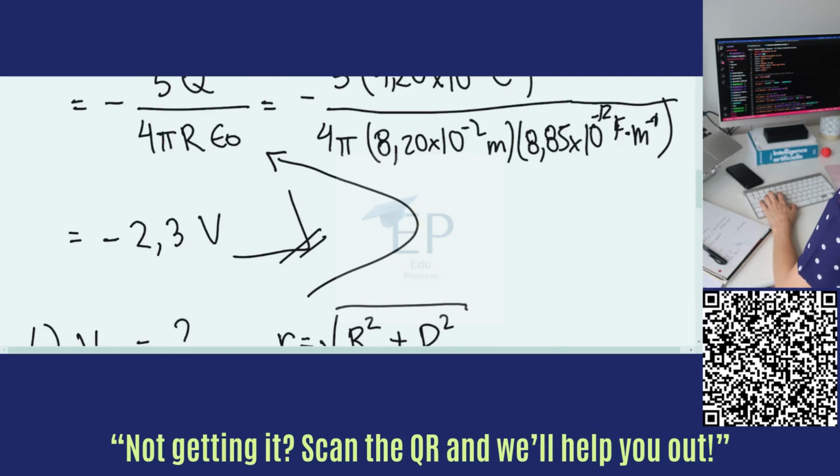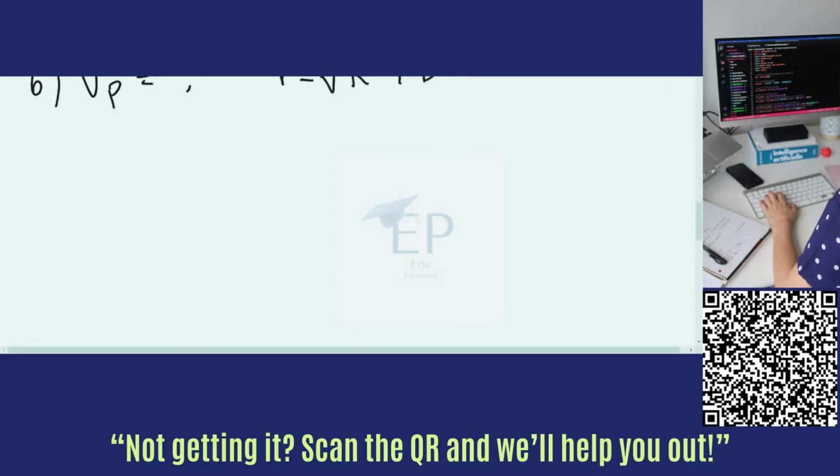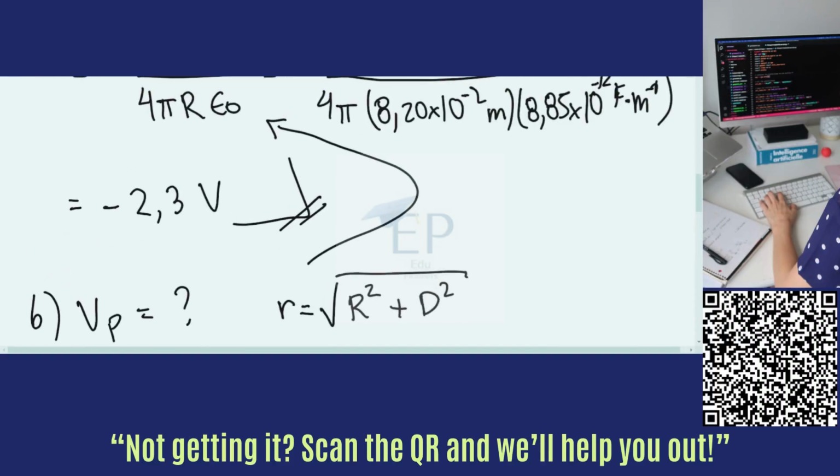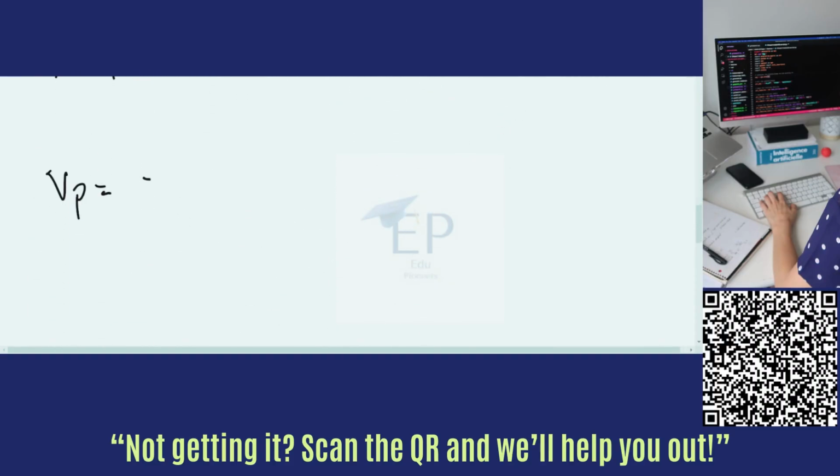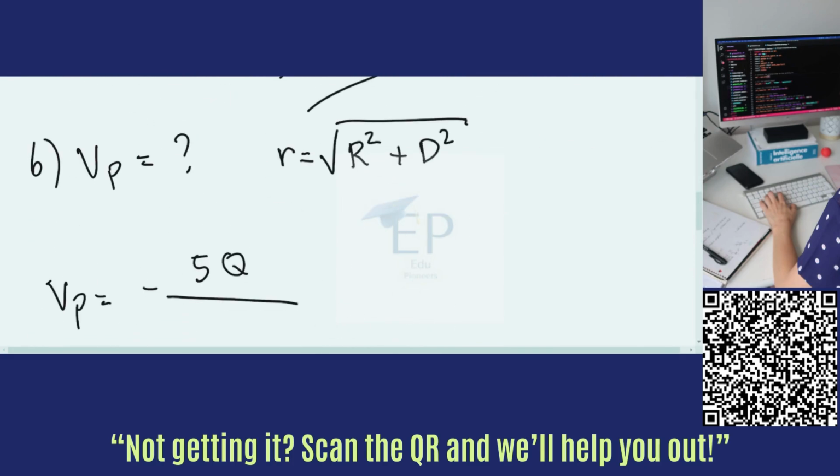We just need to change the value of the distance r. So it will be something like this: minus q over 4 pi, the square root of r squared plus d squared, and this time epsilon sub 0.